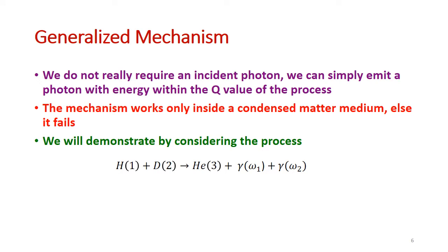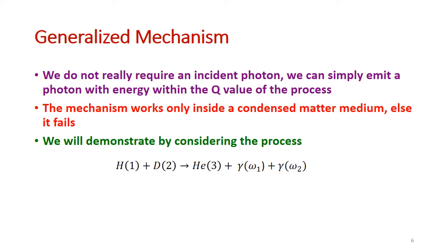So we are now writing a new paper, and in that we are proposing a generalized mechanism. We first of all realized that we do not really require an incident photon. We can simply emit a photon. That also acts as a required perturbation. And the photon can be emitted with energy up to the Q value of the process.